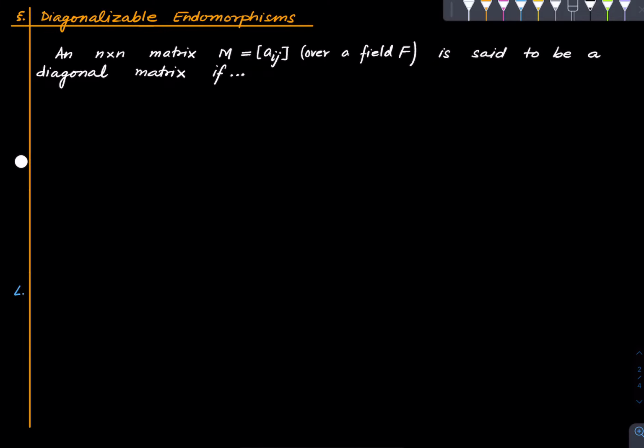So just like we had the notion of upper triangulability, we have a stronger notion of diagonalizability. First of all, we will define what a diagonal matrix is.